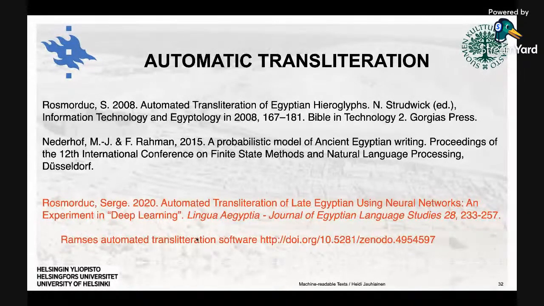Now, Rosmorduc's method uses deep learning, and the data for training the method comes from the Ramses project. And the transliteration is produced with an encoder-decoder, and the input for it is Manuel de Codage encoded text. And the method is now actually available in Zenodo.